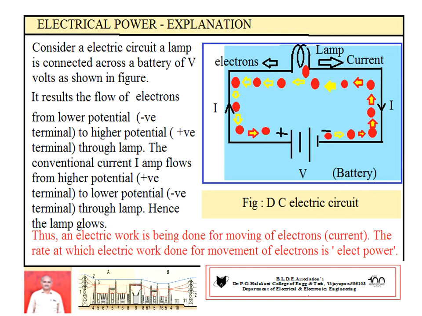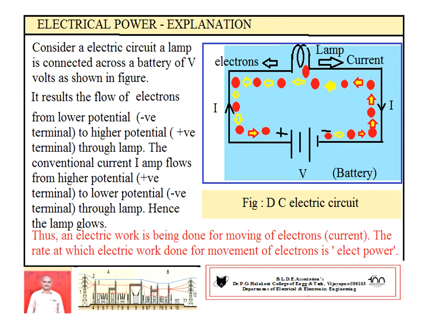For explanation purposes, consider a given electric circuit. It consists of a battery of potential difference V volts, which is connected to a lamp. The positive terminal of the battery is connected to the lamp by an electric wire, that is a conductor. In a similar fashion, one more wire is connected from the negative terminal of the battery to another point of the lamp.